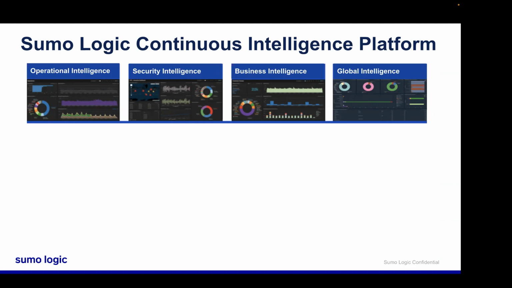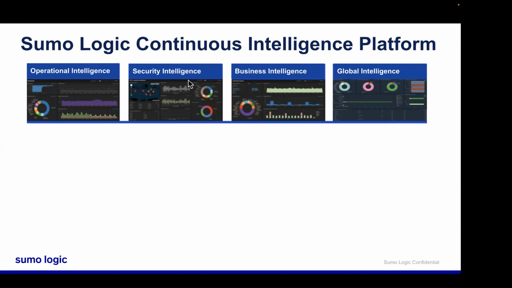What we mean by that is we can find out, are all of our systems up and running? We can find out the mean time to identify or resolve. So we can glean all that information from an operational intelligence dashboard.